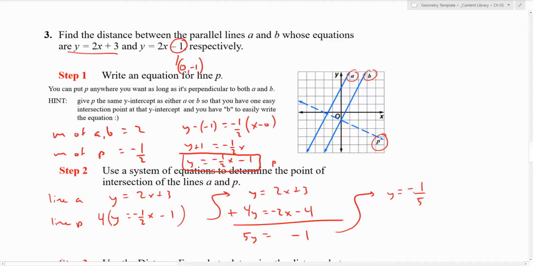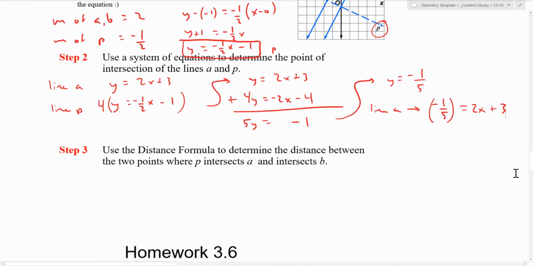Let's take that value and plug it in for y on one of these equations. So let's go line A, and I'm going to say negative 1/5. So I'm taking y and I'm plugging it in for y in equation A equals 2x plus 3. I need some space here. All right. Cool. I'm solving for x.